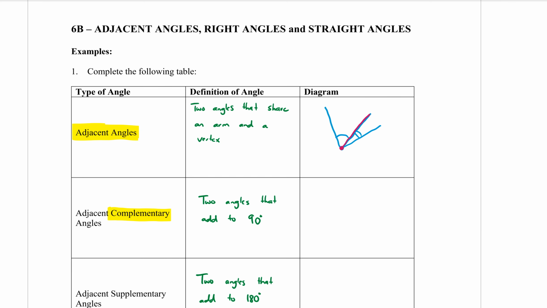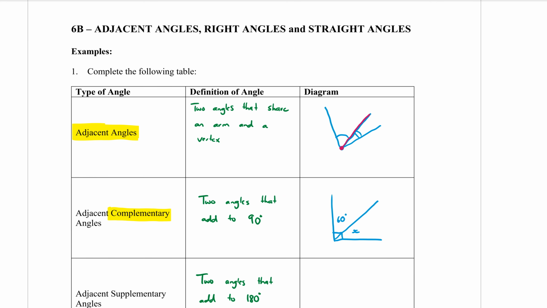So you have a right angle, and that right angle has been divided into two angles like this. We will be solving problems where you're told that this one here is 60 degrees and you might want to find that second angle down there, and you would call that complementary angles, two angles that add to 90.